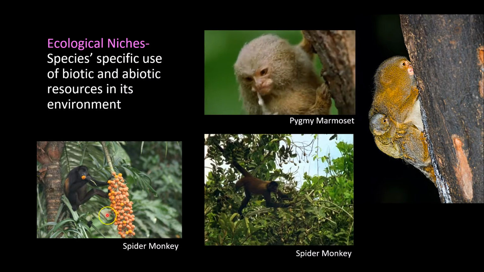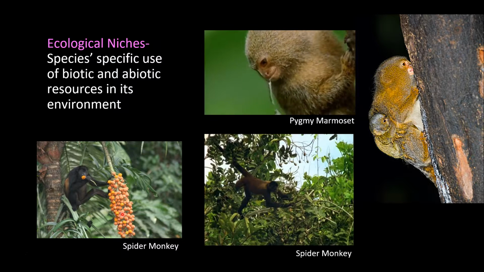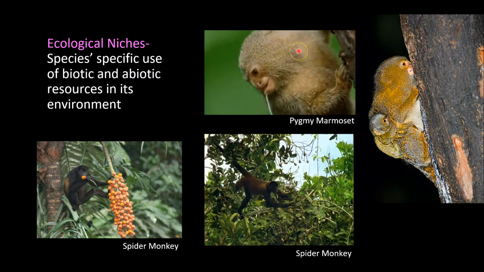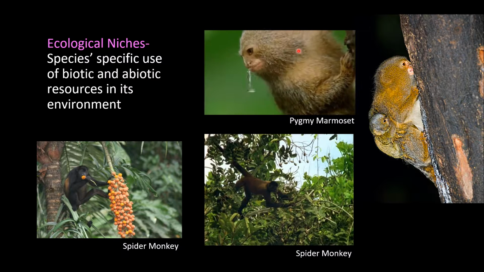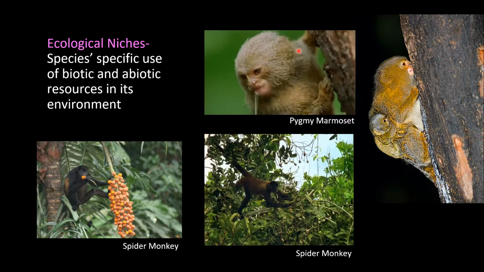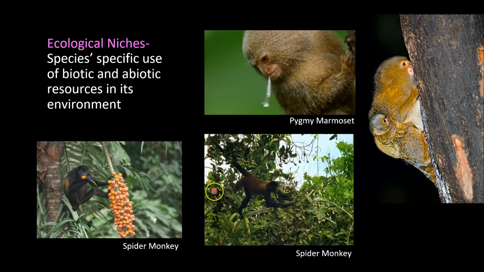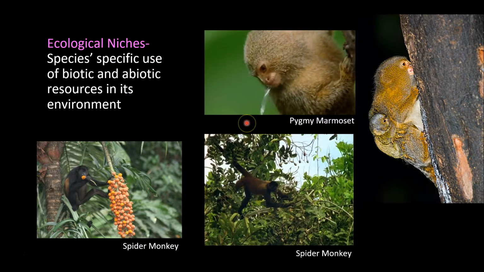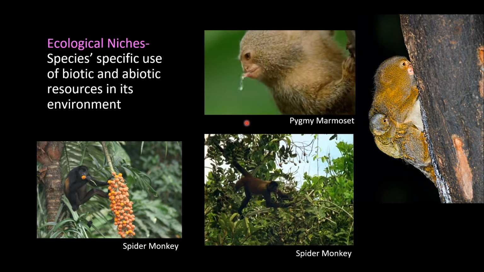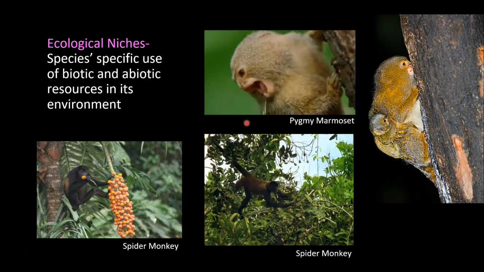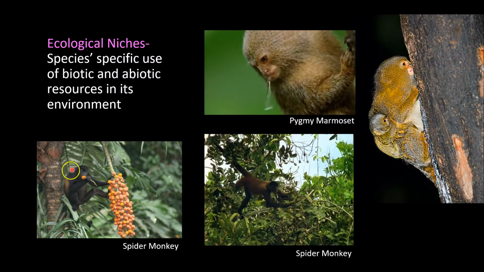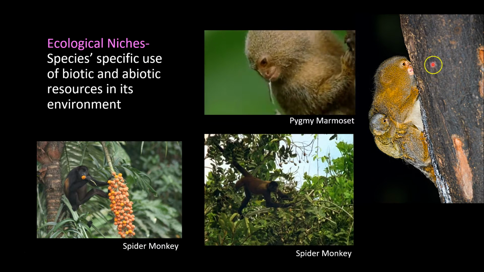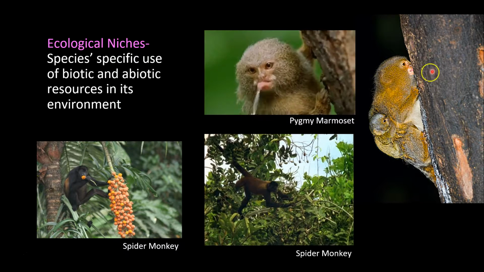We have spider monkeys, which rely on fruits more, and then we have the pygmy marmoset, which relies on the gum of the tree for its food. So we say these guys are mostly frugivorous, these guys are mostly gumivores. Even though they're closely related, living in the same area, they're using different resources. These guys are interacting with the fruit higher up in the canopy, and these guys are closer to the middle of the canopy, relying on the gum.